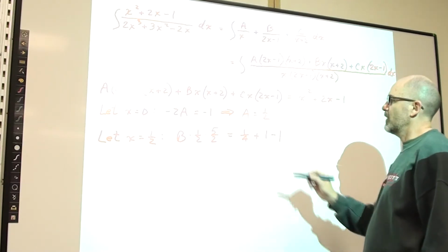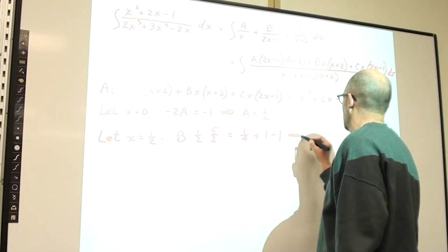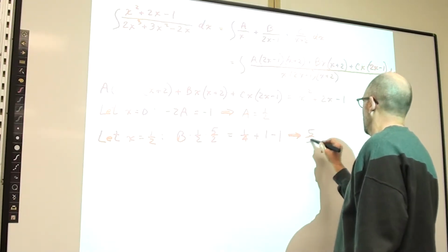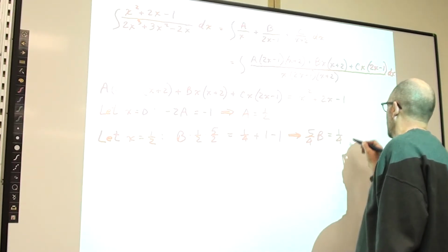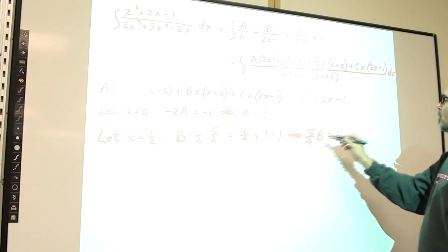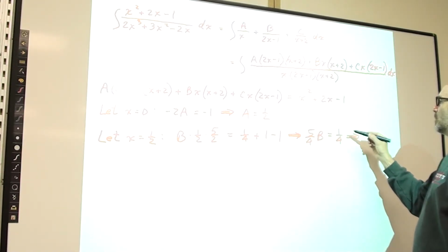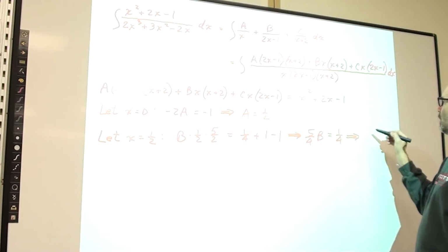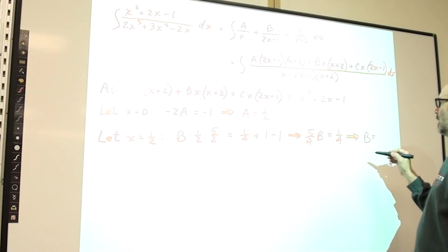Okay, so what we have is 5/4 b equals 1/4. So that means we multiply both sides by 4/5, and we end up with b equals 5.